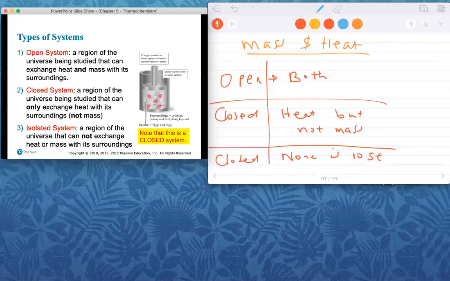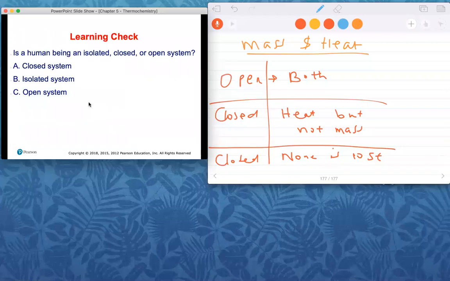Reaction will take place, but no net change in heat or mass during a chemical reaction in an isolated system. For closed system, only heat is lost. For open system, both. I don't know how you want to prepare your mind, but you should be able to see the difference between the three.